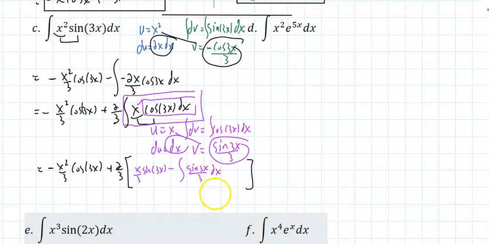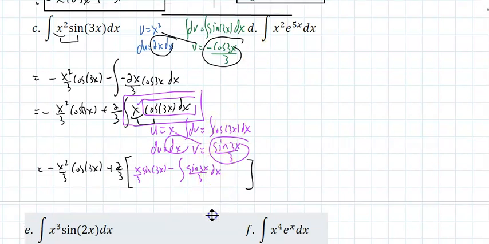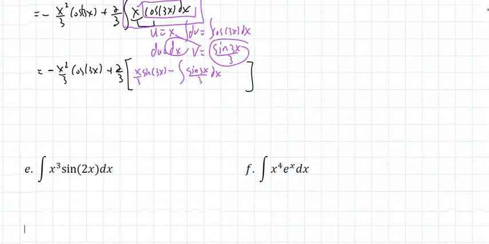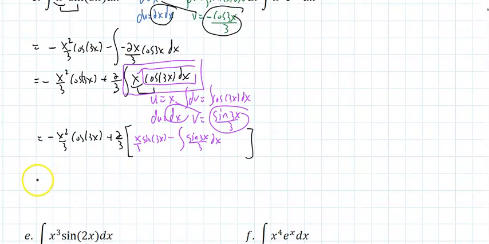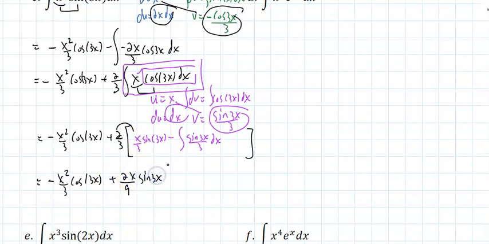So if I say that is negative x squared over 3 cosine of 3x plus 2 over 9x the sine of 3x. Now let's see what happens here. That's a negative 2 over 3 times 3 is a 9.